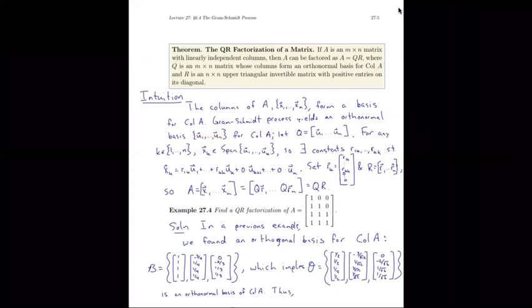And then we let Q be the matrix of these orthonormal vectors, u1 through un, as columns.